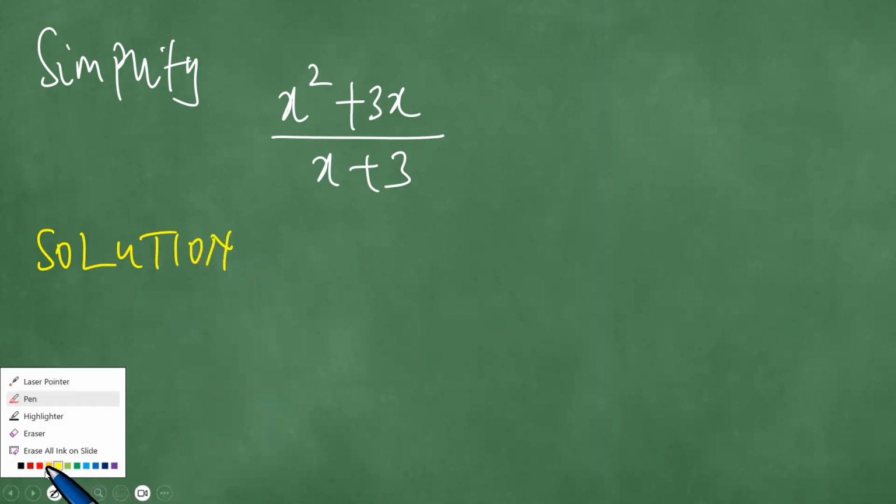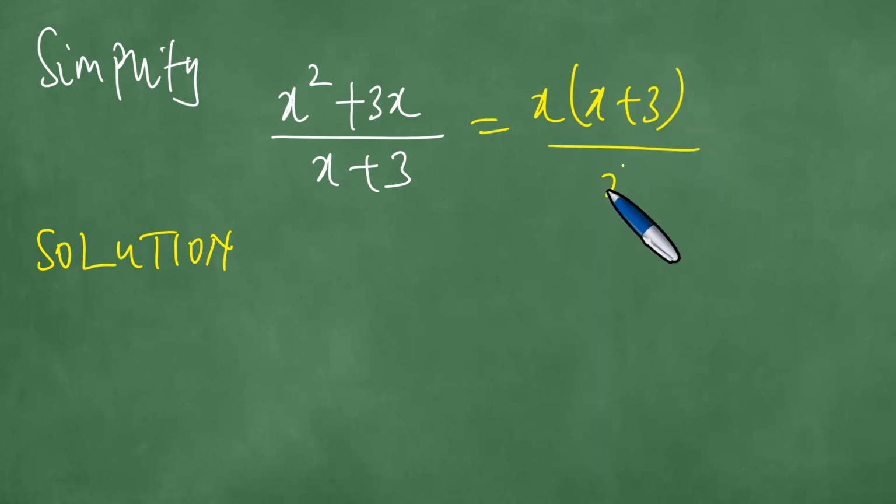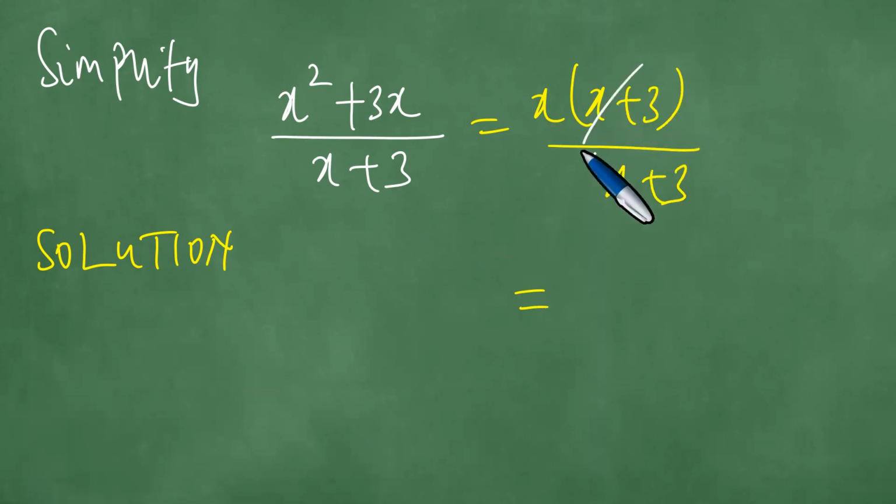What is the common factor at the top, Leander? x, so then you're left with x plus 3, and you divide by x plus 3. So the answer is x, cancel x plus 3 with x plus 3.